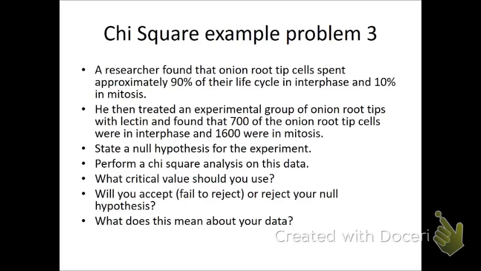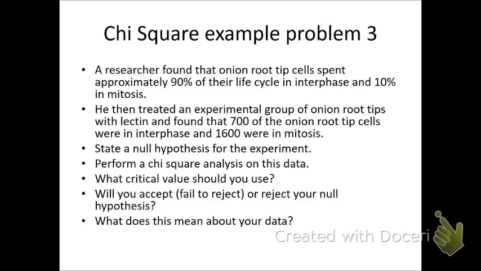So the first thing we're asked to do here is to state a null hypothesis. In this case, we're doing an experiment. Null means none, nothing. So what we want to say in our null hypothesis is that essentially whatever our independent variable is, it doesn't have an effect. So in this case, we're going to say that lectin has no effect on the cell cycle of onion root tip cells.